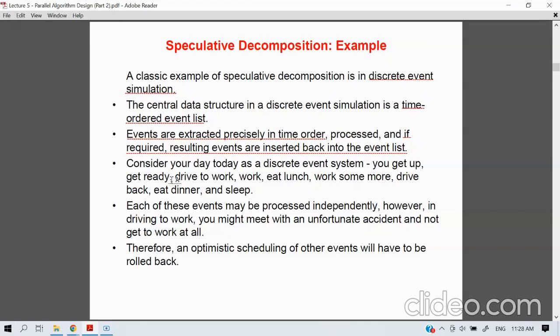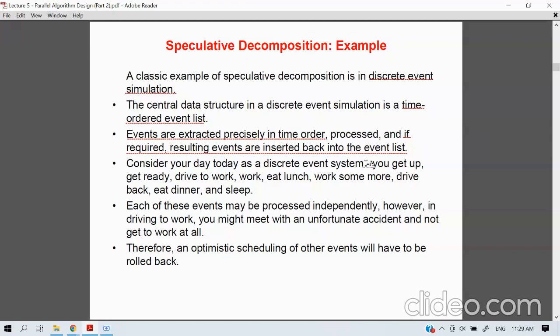Maybe kita get up and get ready is an independent event. So maybe you eat dinner and drive, you can make the activities at once. Okay, so it shows that it is independent kan. So that's why dia kata each of these events may be processed independently. However, in driving to work, you might meet with an unfortunate accident.